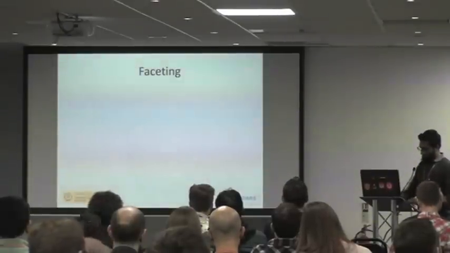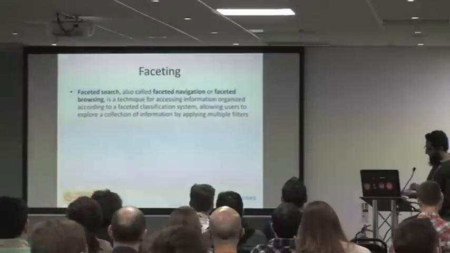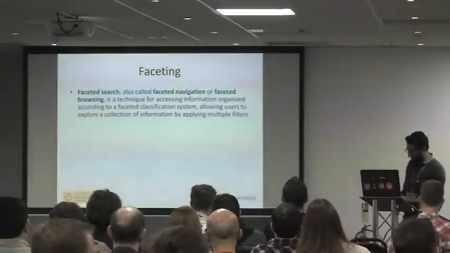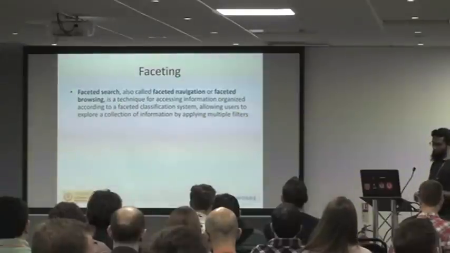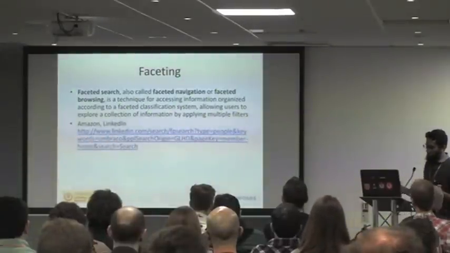The other thing I wanted to touch upon briefly was faceting. We've probably all used faceting at some point or other, when you've been onto Amazon or LinkedIn and done a search.